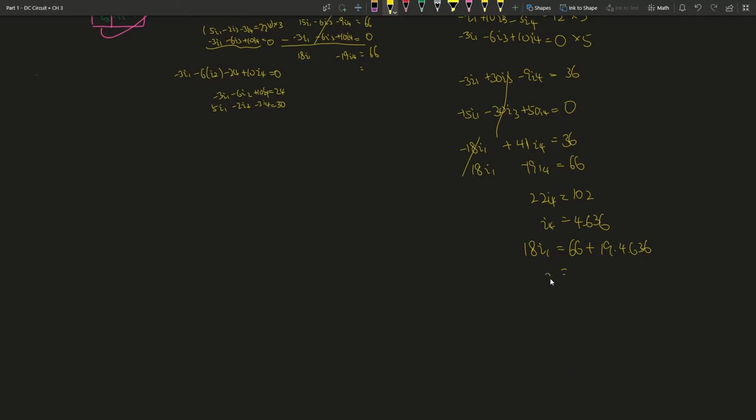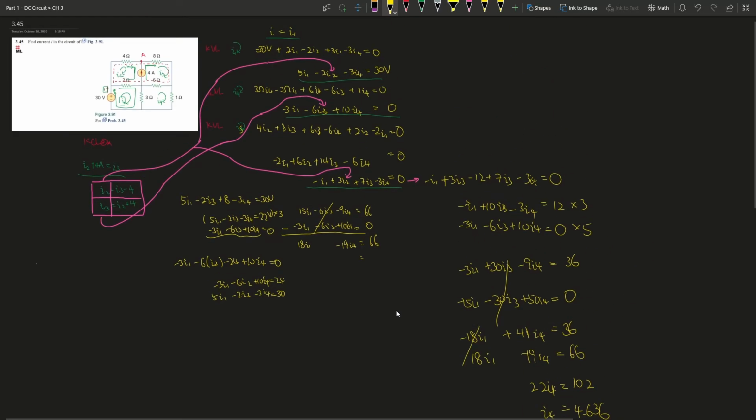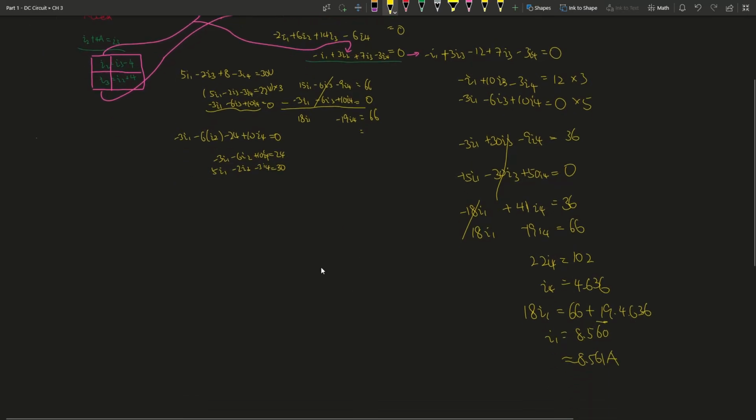So I1 gives us 8.5606, repeating, or 8.561 ampere. Okay, and since I equals I1, therefore I is 8.561 ampere.